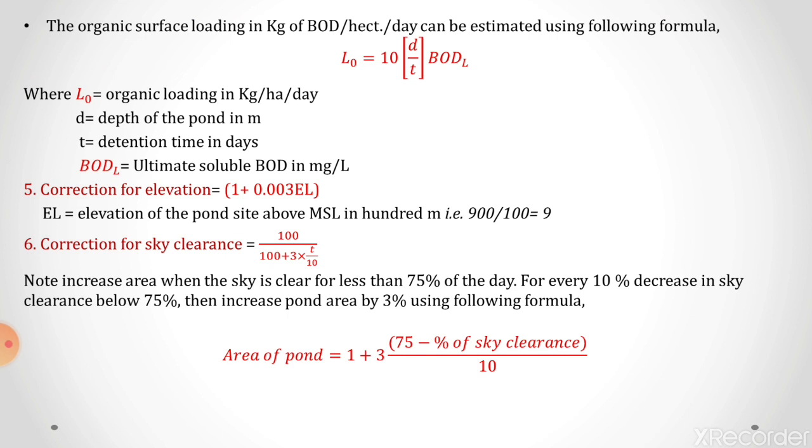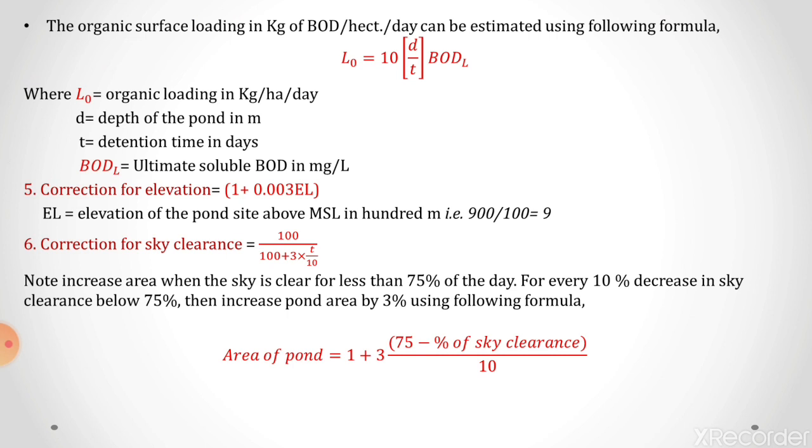Whereas the correction for the elevation is carried out by using the formula 1 plus 0.003 EL, where EL stands for elevation of the pond site above the MSL in 100 meters. That is, if it is 900, divide it by 100 and you have to take EL as 9.